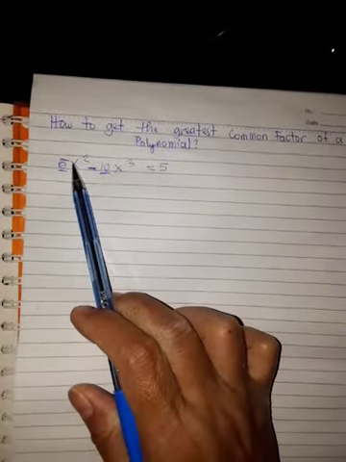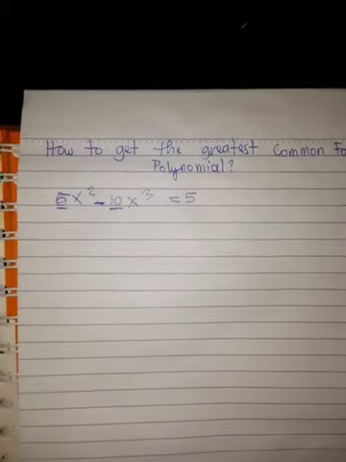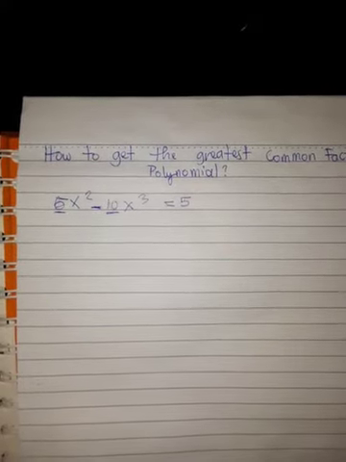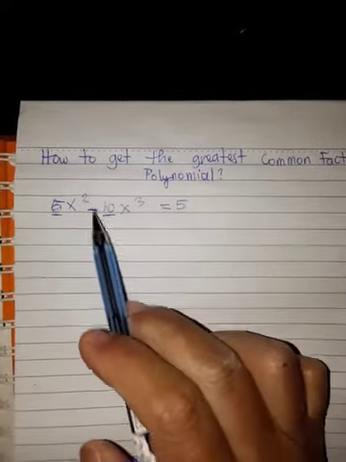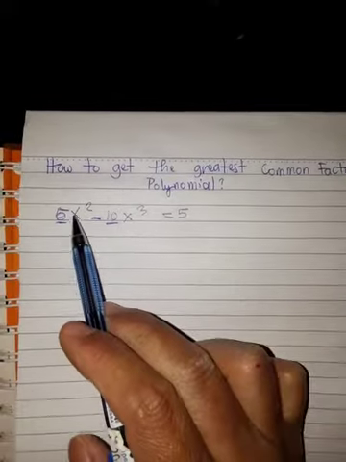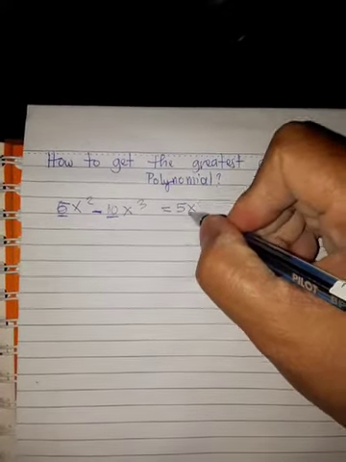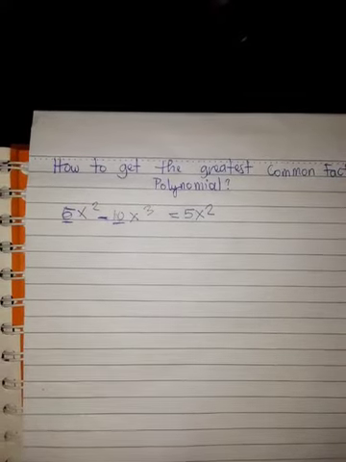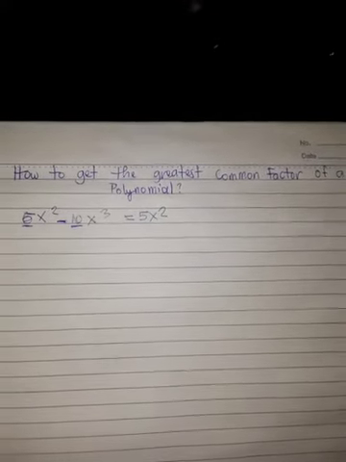So here is the first term, here is the second term. We have x as the term. As I mentioned a while ago, the least exponent. So x squared and x cubed, the least exponent is x squared. So that's how we get the GCF.